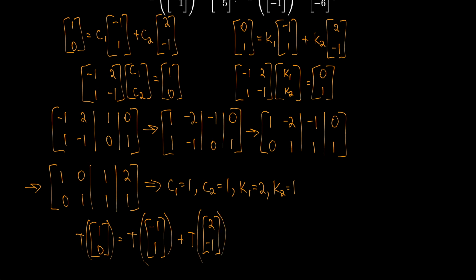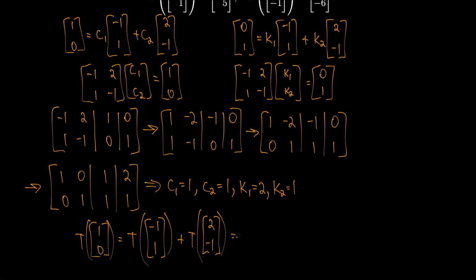Because if I plug in 1 and 1 over here, then that means that 1, 0 is 1 times this plus 1 times this. So that means that if I apply the transformation, then the transformation will have that same constant.